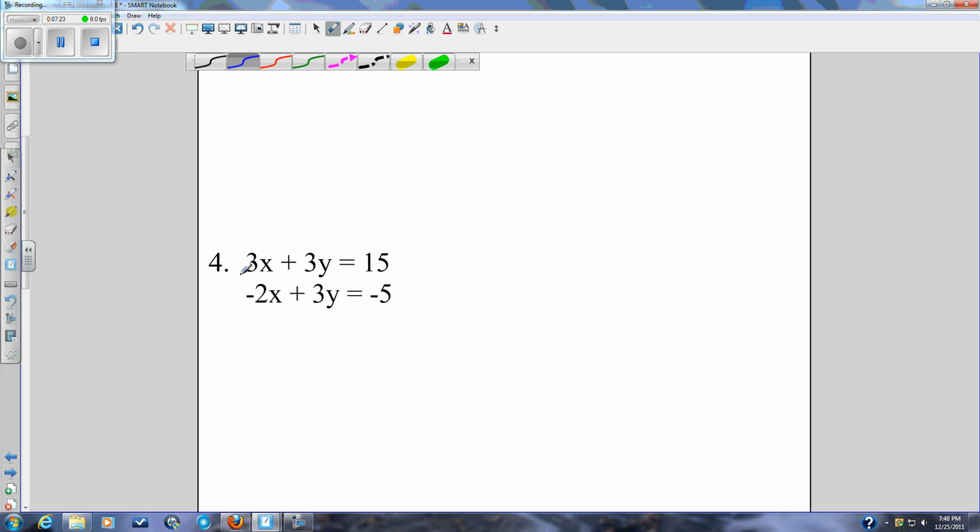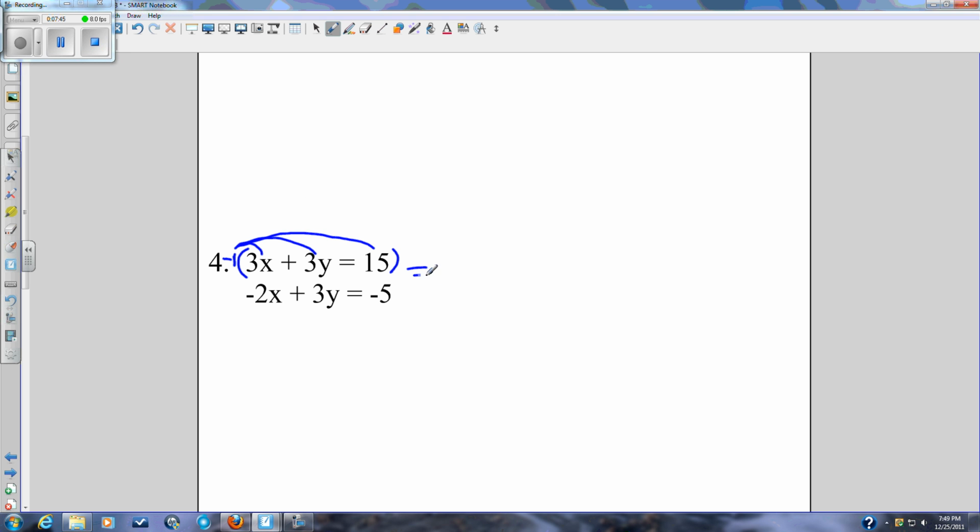Now I'm noticing the 3y's are identical. So if one of them was negative, I could get them to cancel out. So I'm going to pick just one of these equations and multiply by negative 1. That means I multiply everything by negative 1.